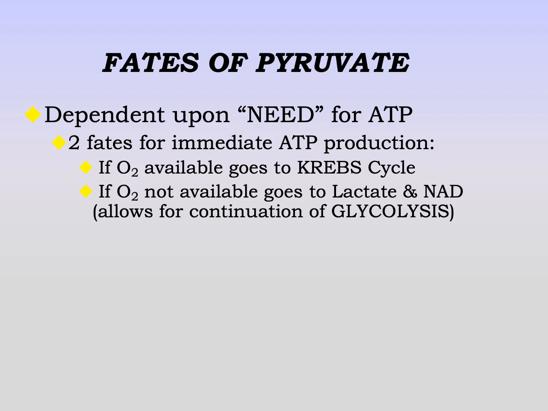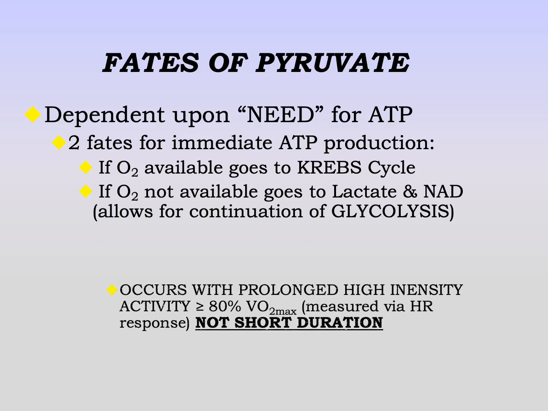We're going to be going towards the Krebs cycle and we're going to be going towards lactate metabolism. The direction that it goes is going to be based off of the intensity of demand. That is, what is the overall demand for ATP that is there? And do I have enough oxygen available to allow for aerobic metabolism to take place, or do I have to continue with the anaerobic metabolism?